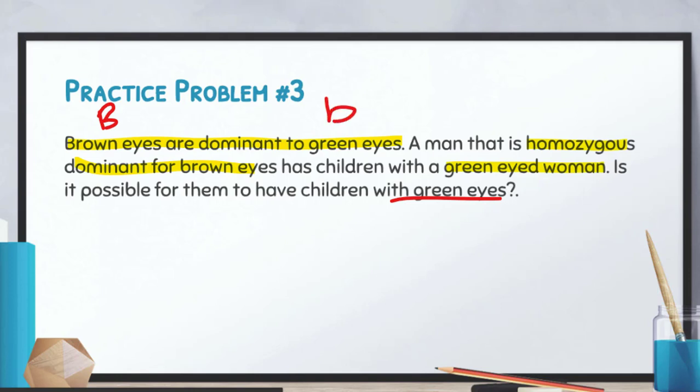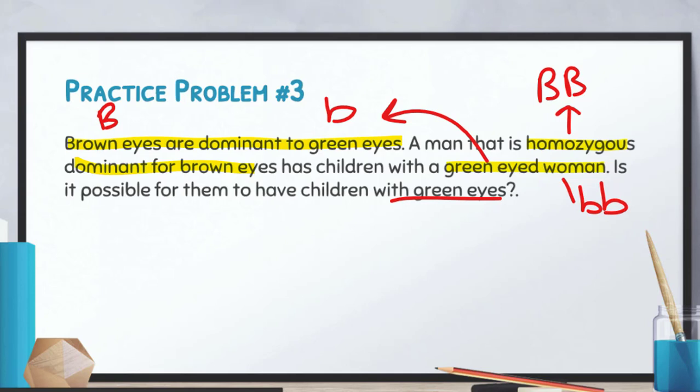And green eyes are recessive, so we'll use a lowercase b. A man that is homozygous dominant, so that's going to be 2 big B's, has children with a green-eyed woman. Remember, the only way to have green eyes is if we have 2 lowercase or recessive alleles. Is it possible for them to have children with green eyes? Now, some of you may be able to just look at this and tell.